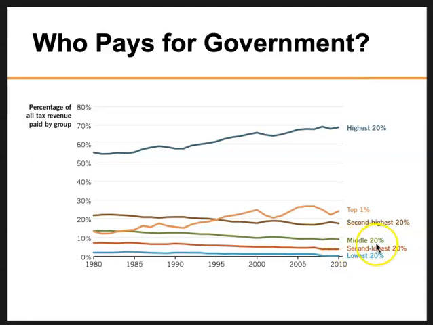So as you can see, the higher income group pays much more of the tax revenue for the government.